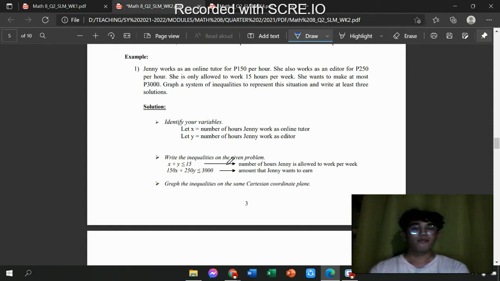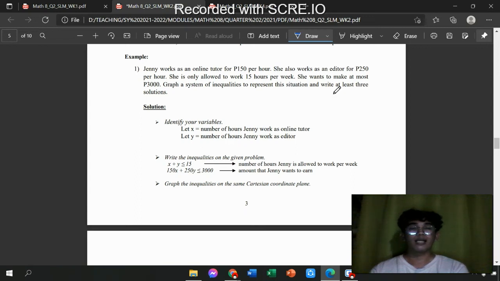So, ang atong inequality will be 150x. Sa ganina, x, number of hours Jenny works as an online tutor. 150 man per hour niya sa tutor. So, 150x plus 250y. Kini amaning 250, 250 pesos per hour man ang iyahang kita as an editor. Then, ang atong y is the number of hours Jenny works as editor. Then, at most 3,000.